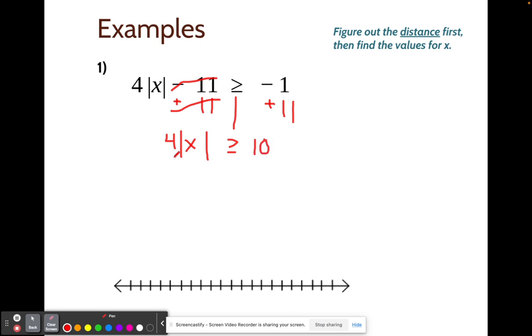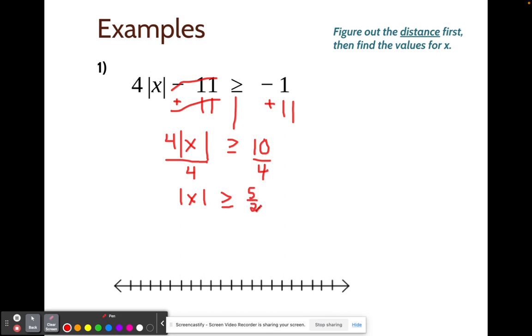Next step, I'm going to divide both sides by 4. Now I'm left with the absolute value of x has to be greater than or equal to 10/4, which is 5/2.